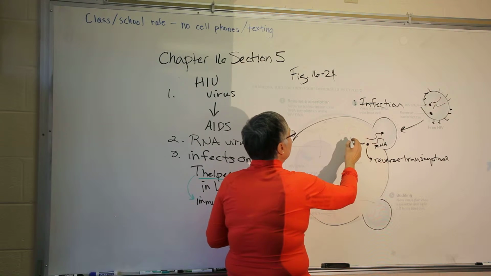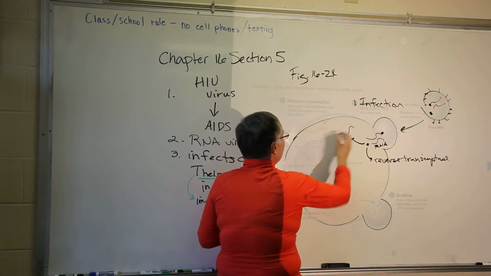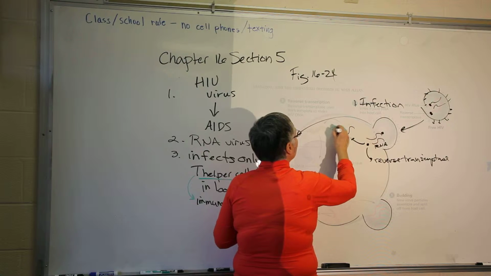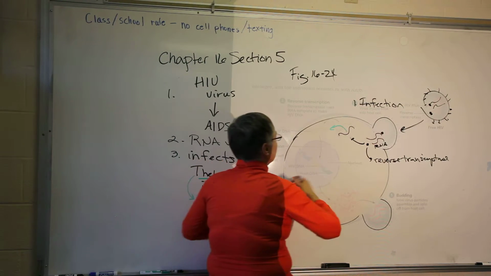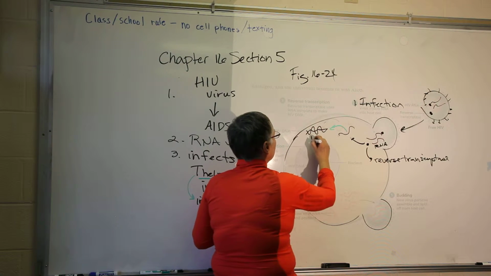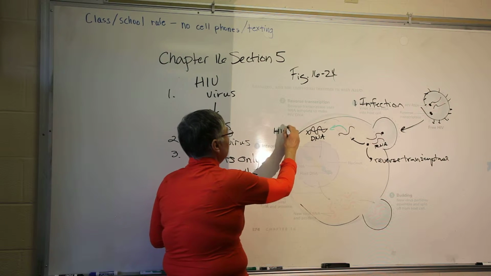So the RNA is released into the cytoplasm. The next step is that RNA is converted to DNA by this enzyme. So now we have double-stranded DNA. This is actually HIV DNA.